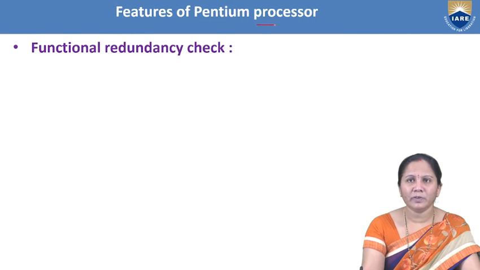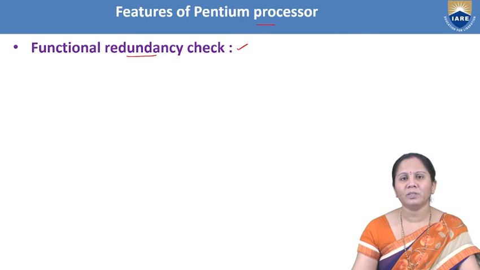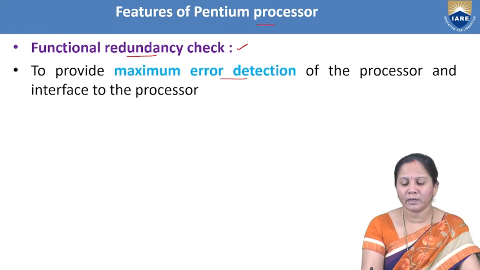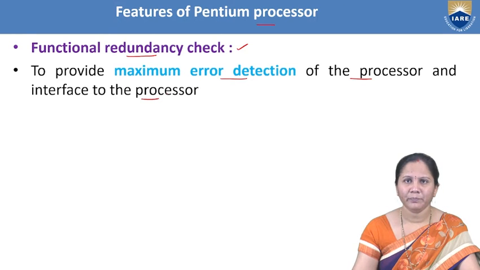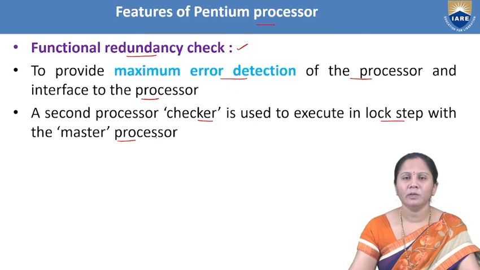And another feature of Pentium processor is functional redundancy check. What is the general meaning of redundancy? Having more than required. To provide maximum error detection of the processor and the interface to the processor, this functional redundancy check is used. A second processor checker is used to execute in lockstep with the master processor.